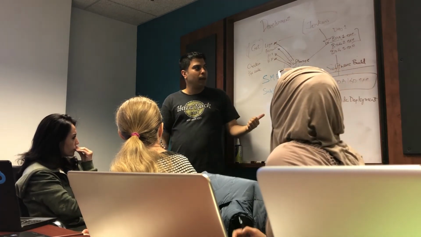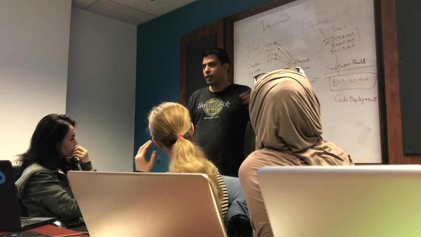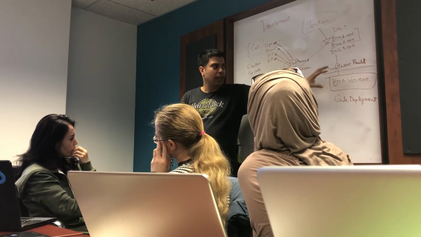A software build is the executable file that Jenkins spits out, which is a working software, which has all the code files behind it. You can't see it. You'll probably never see it. You click on it, it creates folders, and it becomes a software. It's an executable. That's a software build.